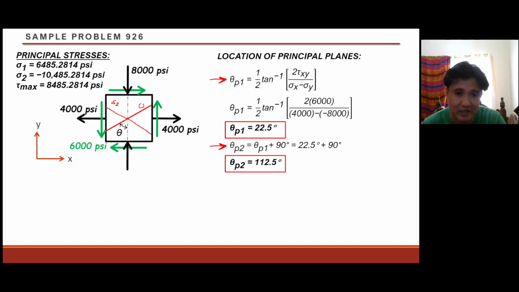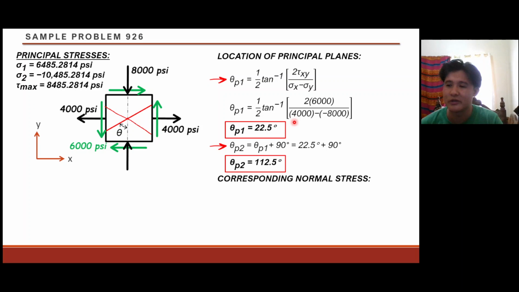Tapos yung stress 1 natin ay dito. Okay? Let it sink in. So madali lang. Using the equations lang naman yan. Tapos determining kung negative o positive lang ba yung mga stresses.